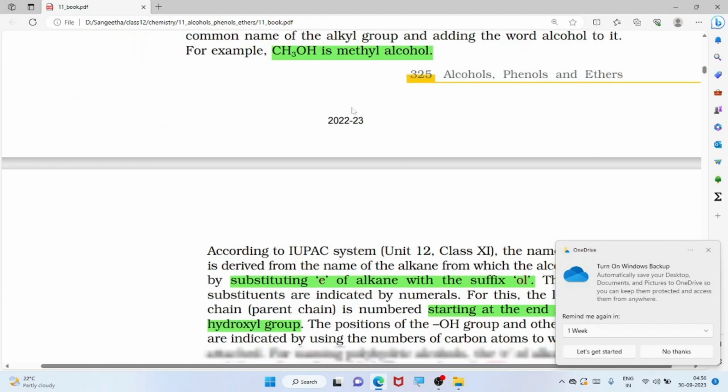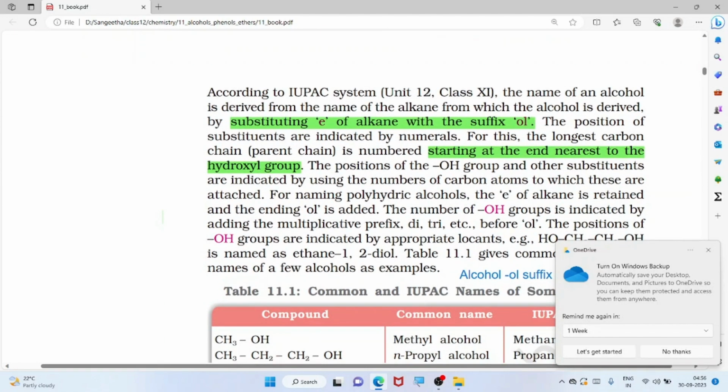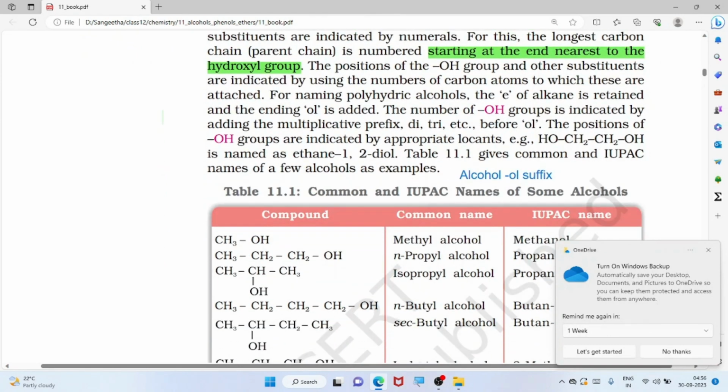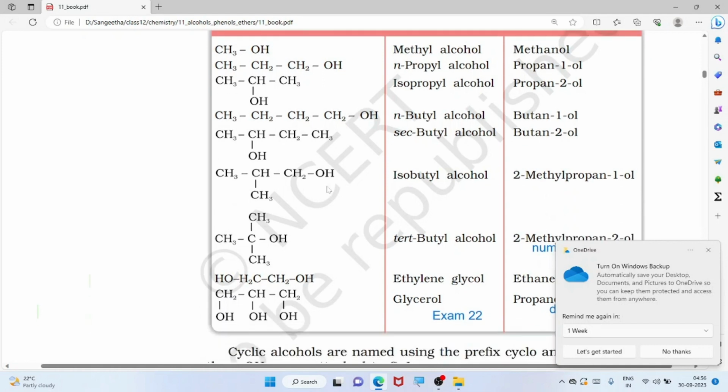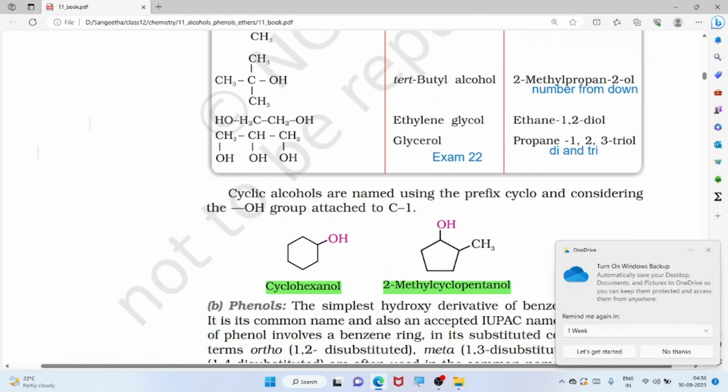This is methyl alcohol nomenclature. So alcohol ends with ol as the suffix at the end. So these are some alcohols with the IUPAC and common names. So here see how numbering starts.